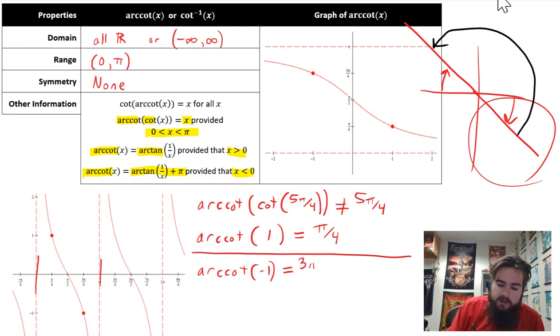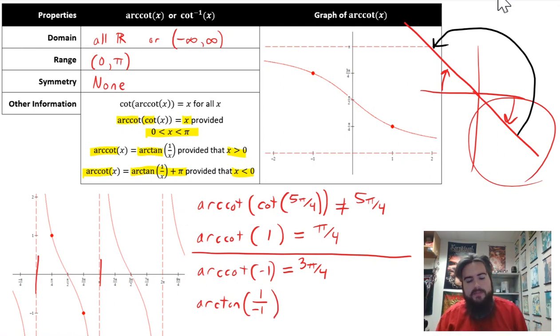This would actually give you 3 pi over 4. But if you try to just do this as arctangent of 1 divided by -1, and you evaluate this, this will not give you the right answer, because this will give you negative pi over 4, because arctangent is only defined from negative pi halves to pi halves.